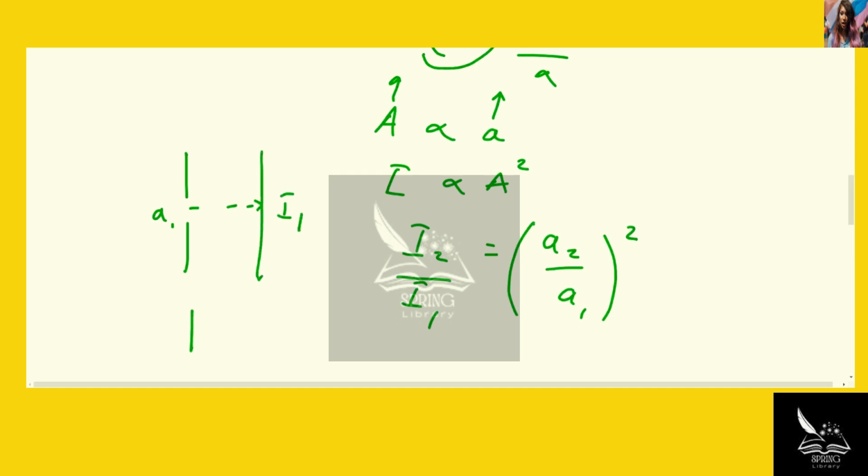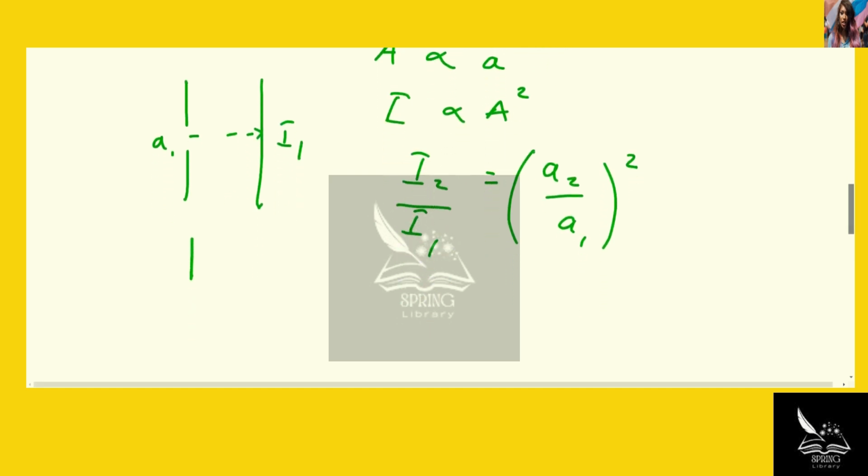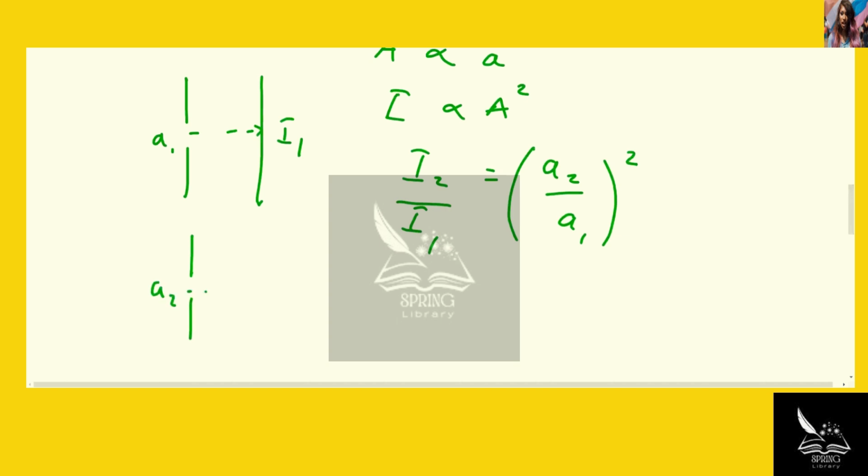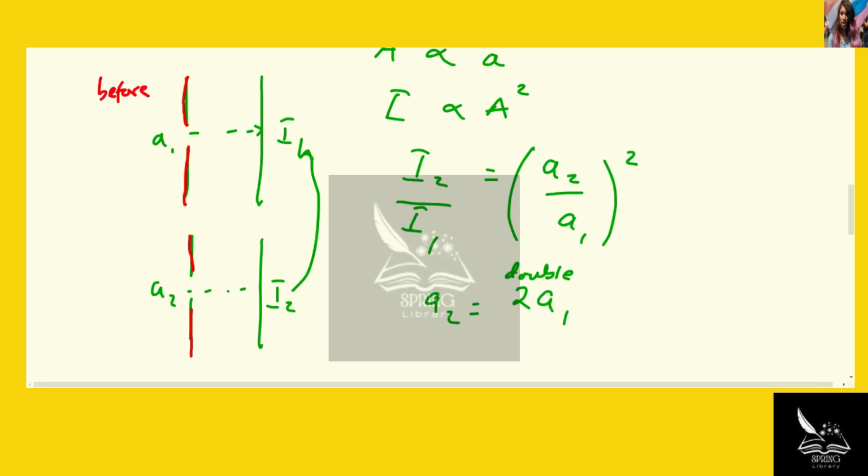If the second one is A2, there's going to be an intensity on the screen of I2, and A2 is 2A1 because we're doubling. This is before doubling, and this is after doubling.